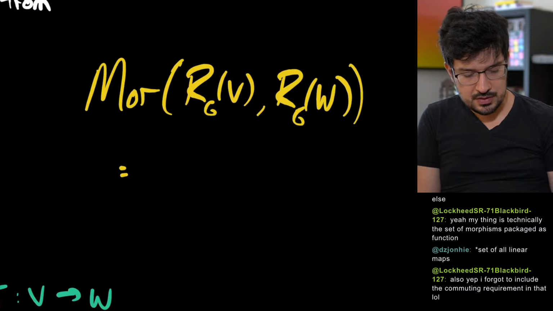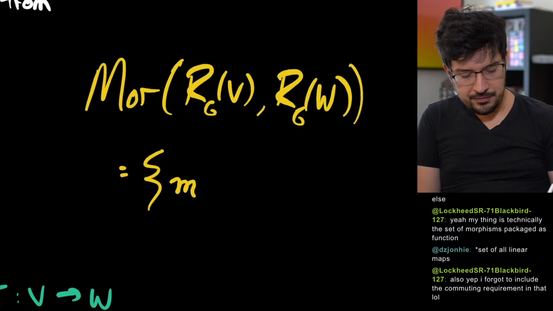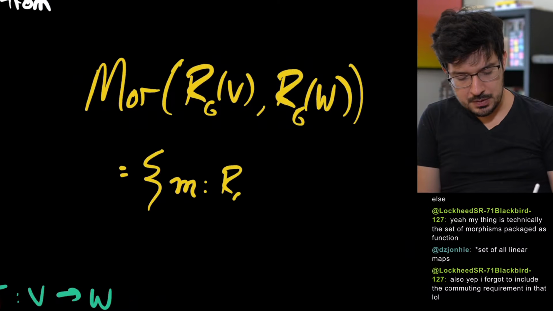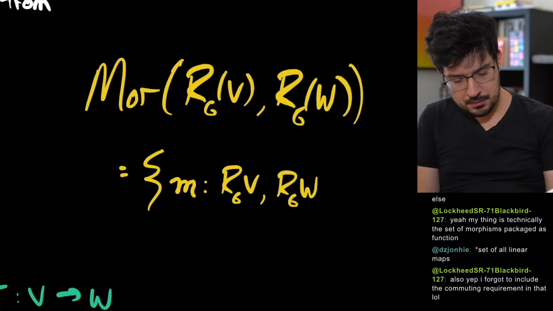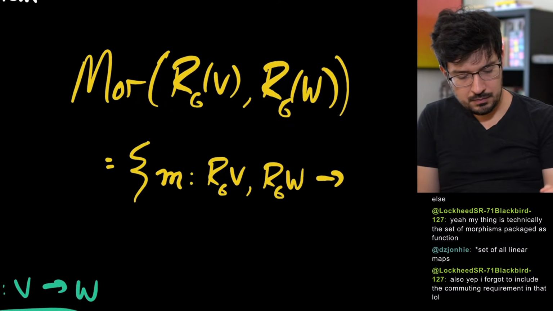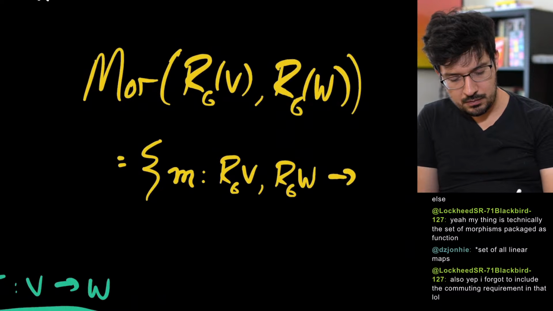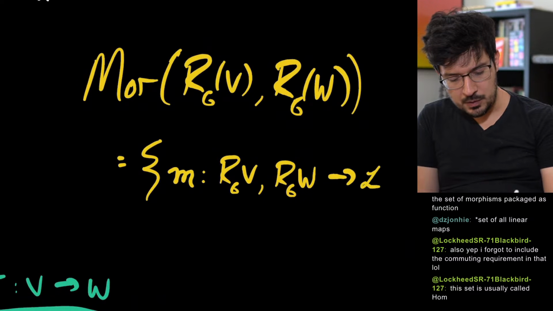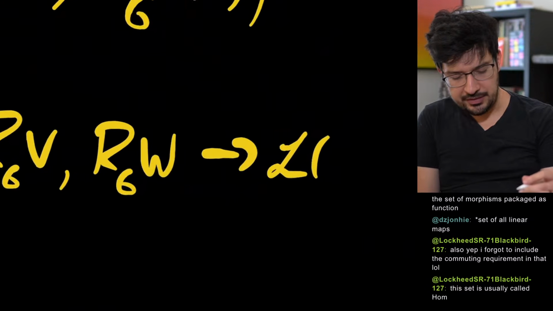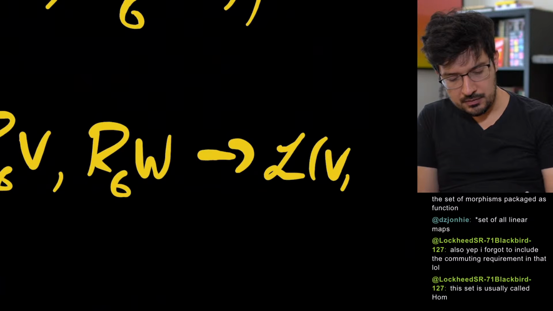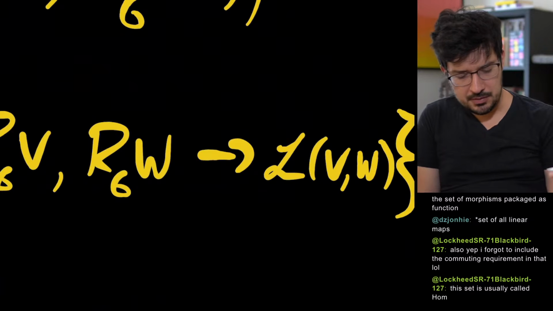This is the set of all morphisms of specific reps, which return a single linear transformation from V to W, right?